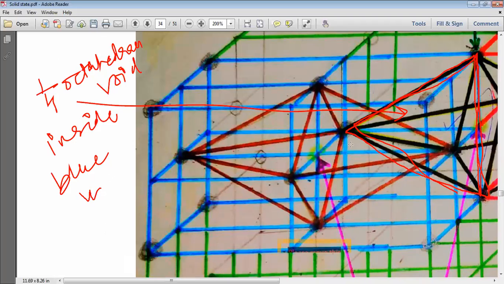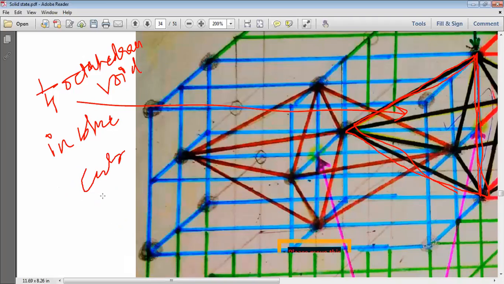In the blue cube we can say 1/4 of the octahedral void is present. Do you understand? Please reply. Yes, sir. Okay. So now you can see that this is what you can see on the one edge.